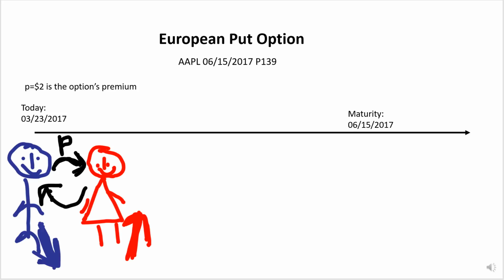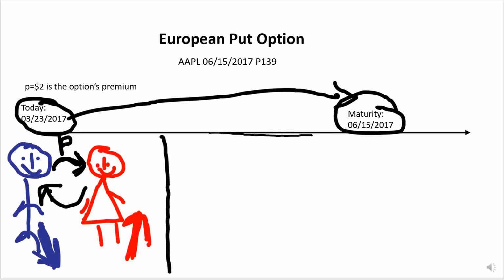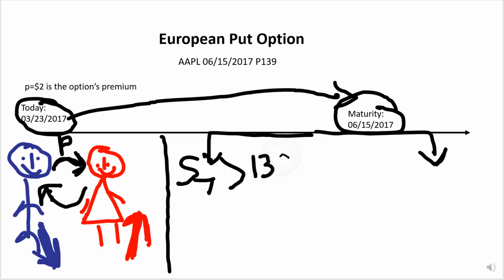So let's see what will happen in the future. Obviously, nobody can predict with certainty today what will happen in the future. But what we can do is study different scenarios. The first one: what if the stock price is above the strike?